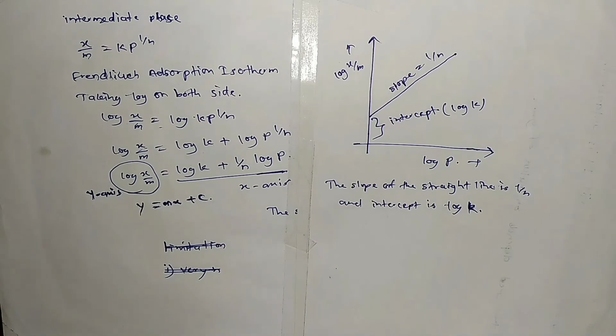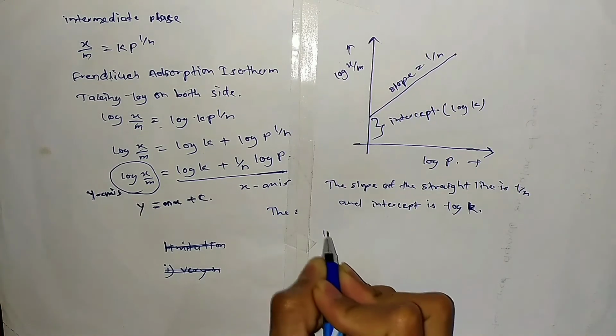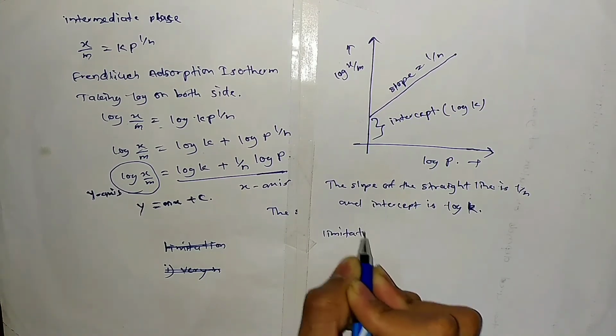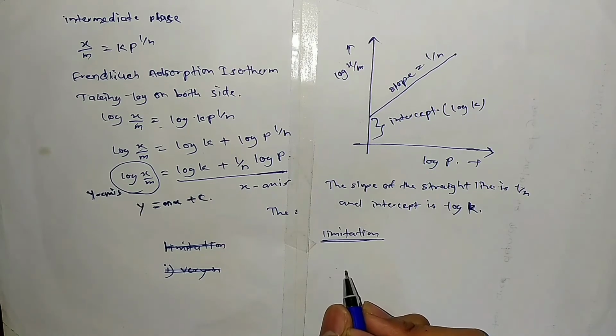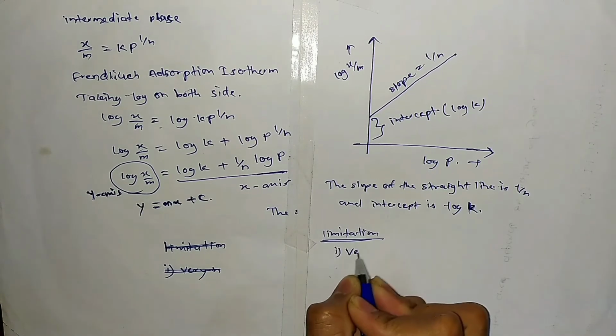This adsorption isotherm is successful at the intermediate phase, means at medium pressures and also at lower pressures, but it fails at high pressures, which is a limitation.